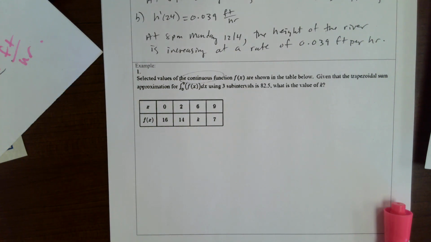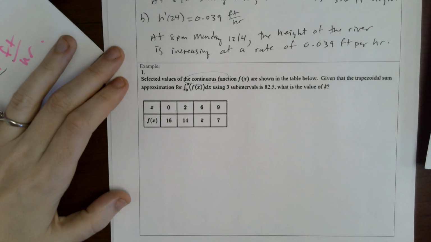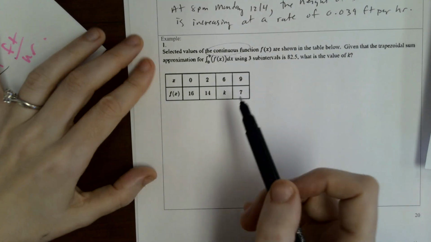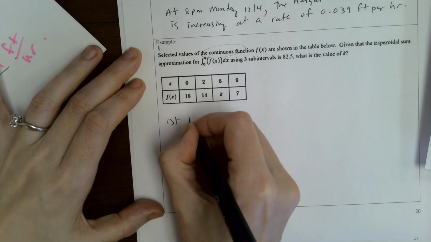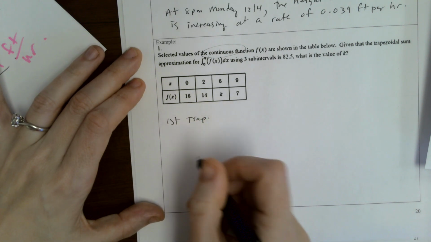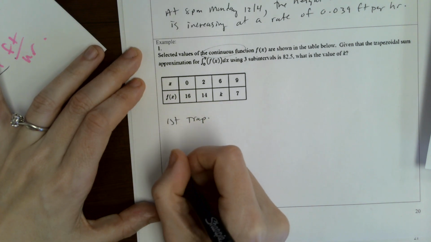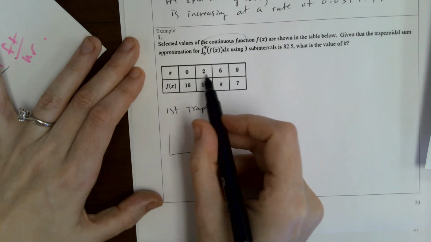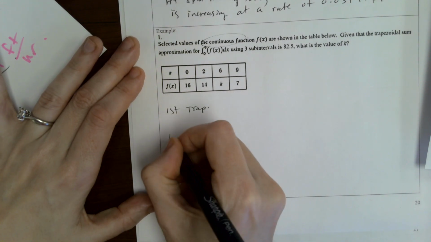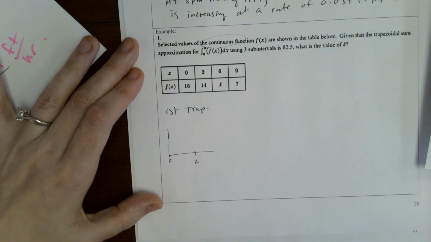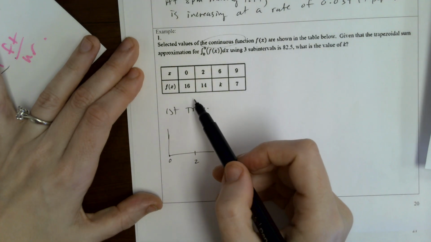Okay, so, alrighty, let's just show the first trapezoid so you could see it. First trapezoid would look like this. So it'd be from 0 to 2. All right, 0, let's say that 2 is there. And then the graph has y values.